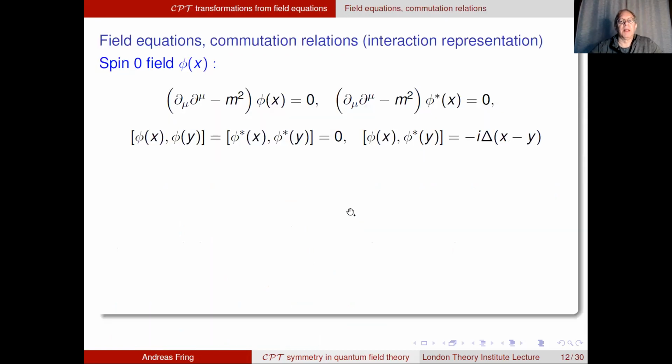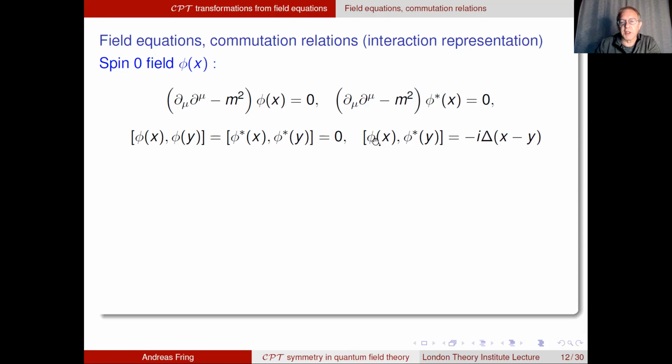So what one demands here is that, first of all, the field equations remain invariant, and also the commutation relations are preserved. So here I'm listing first the relations for the spin 0 field. So it's this well-known relation over here, and the commutation relations are given here.